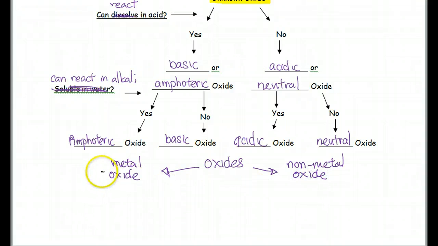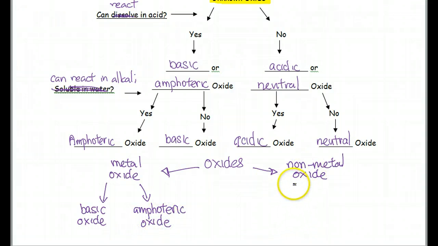Now, under your metal oxides, you have two of them, which are your basic oxide and your amphoteric oxide. For non-metal oxide, you also only have two of them. You have your acidic oxide or your neutral oxide.